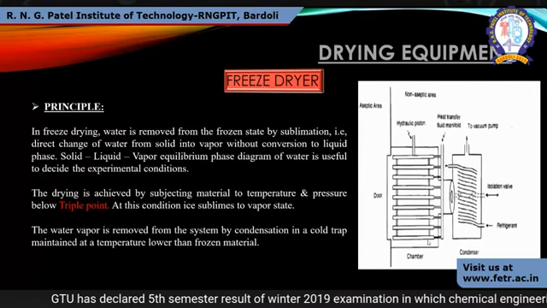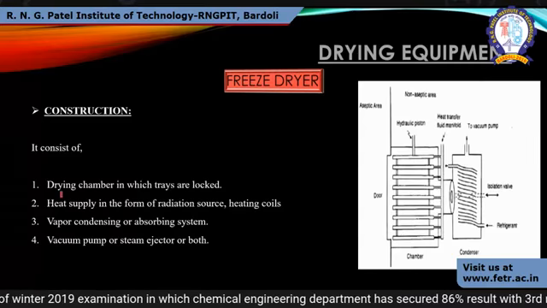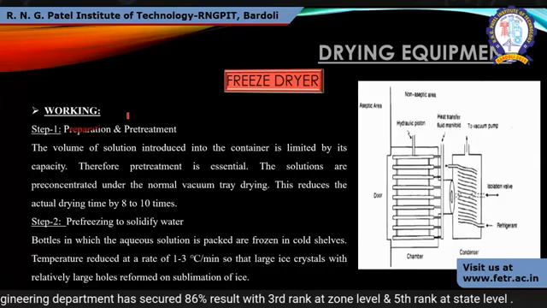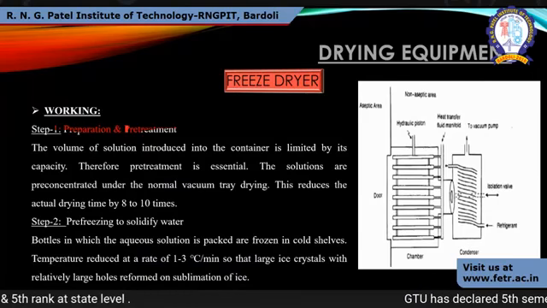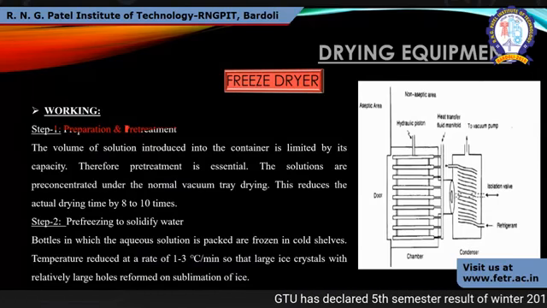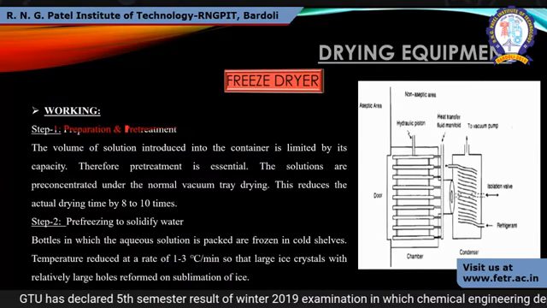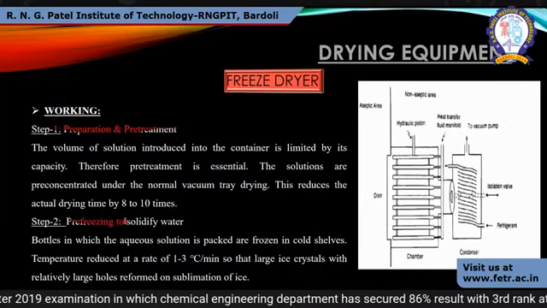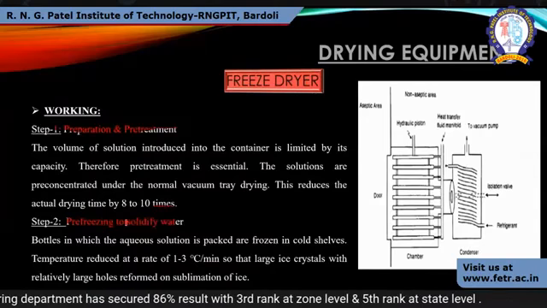First, step one is preparation and pre-treatment. In normal vacuum tray drying, we fill bottles with the solution in the laboratory. Then pre-freezing: we decrease the temperature so that we get below the triple point.